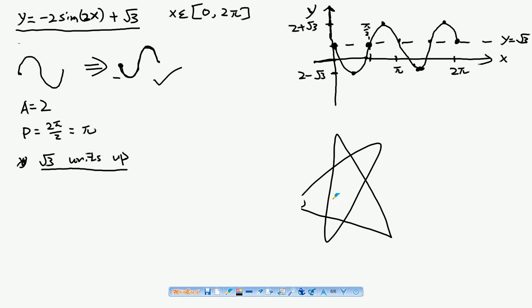The problem for this kind of question is that there are x-intercepts, and you have to find them. We already know the y-intercept because from the standard graph it should be at square root of 3 when x is 0.